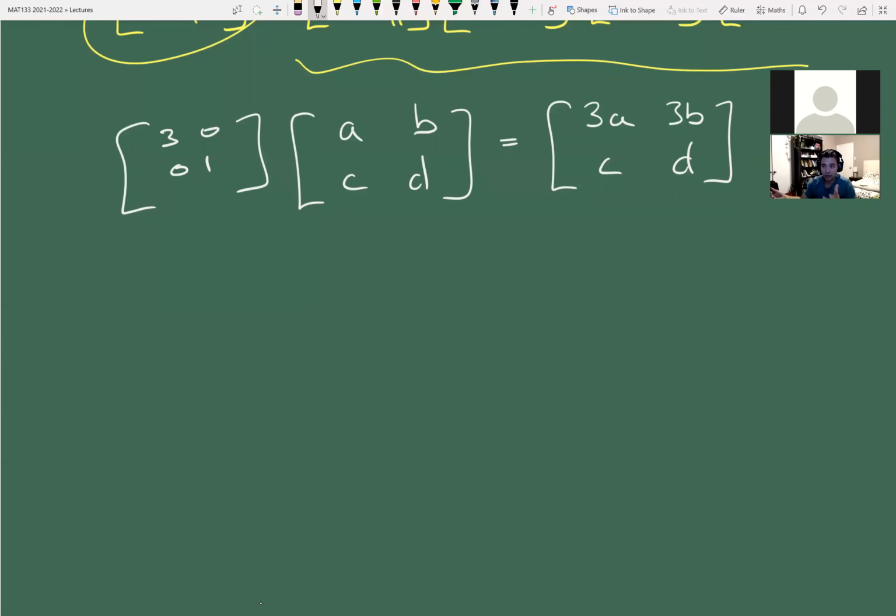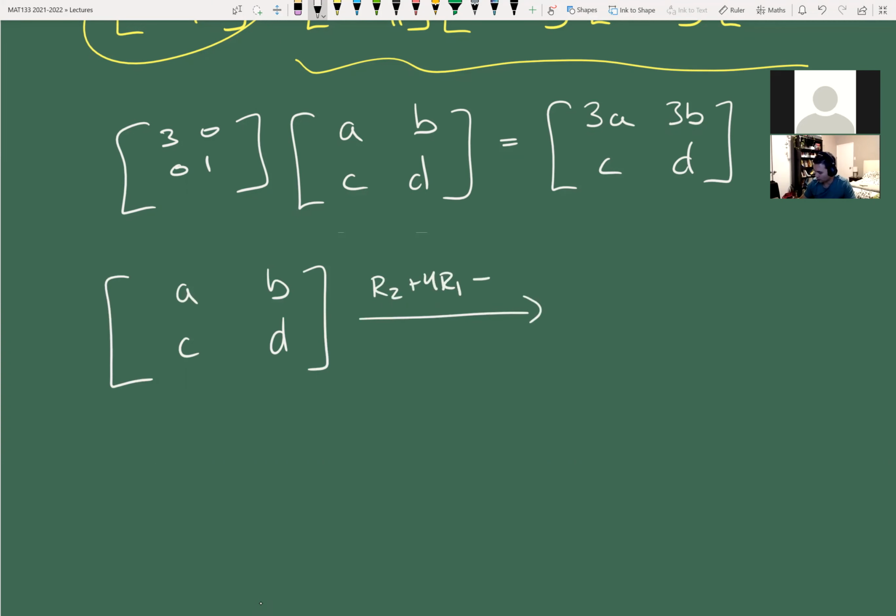The T operation, yeah, I don't mind doing it again. T214, yes, exactly. So let's do that one, Jeremiah. We have A, B, C, D. This is me explaining what I did earlier, but in a new way that hopefully helps make sense. Let's do your operation, which is row 2 plus 4 row 1 into row 2. If we do this, I get A, B, C plus 4A, D plus 4B. Everyone agrees, that's what happens if I take 4 row 1 and add it to row 2.